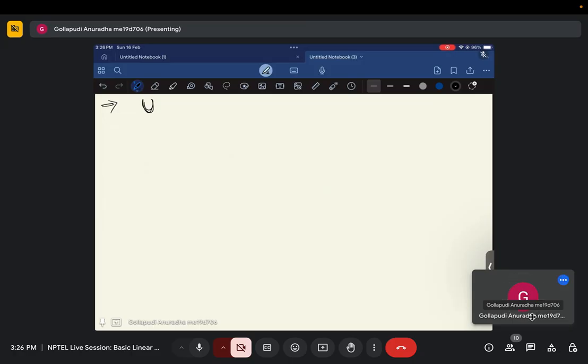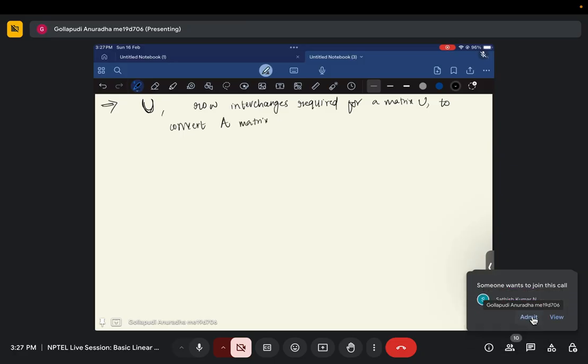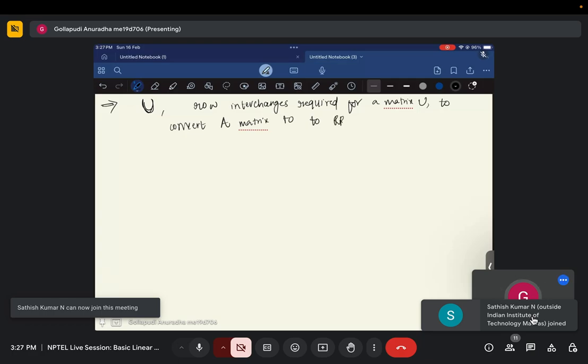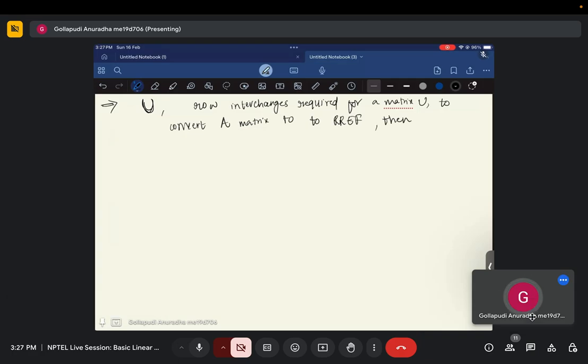So if there is a matrix U, and it is obtained by interchanging two rows r times, for example, the number of row interchanges required for a matrix A to convert it to reduced row echelon form is r. This is a true or false statement.